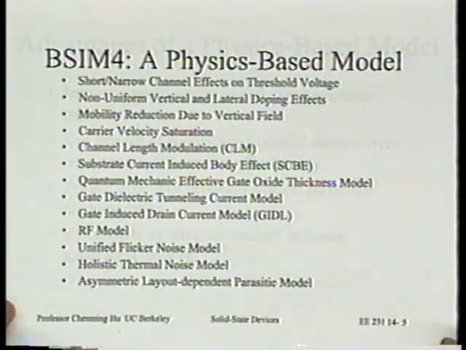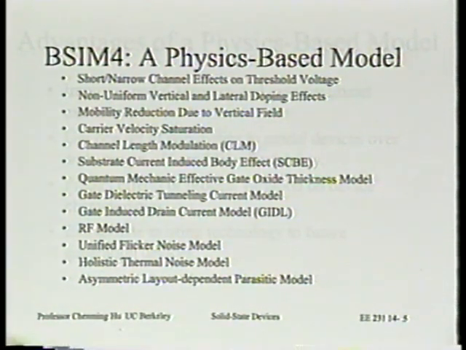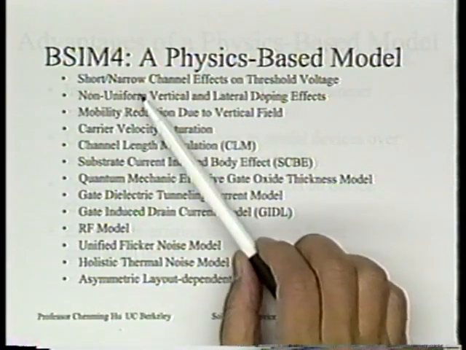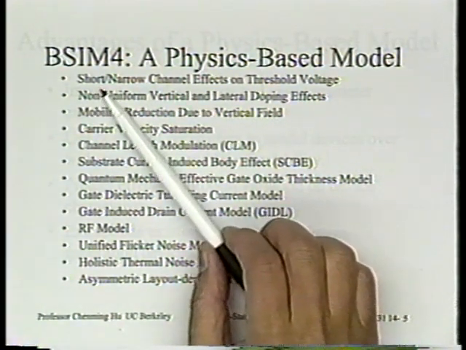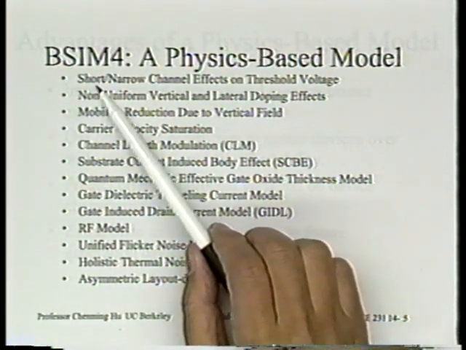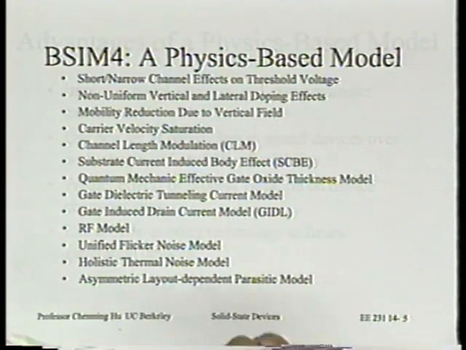All right. So BSIM4, BSIM3, what kind of physics are included in the model? This is a little bit of review of the things we have talked about. So the short channel and narrow channel effect, right?